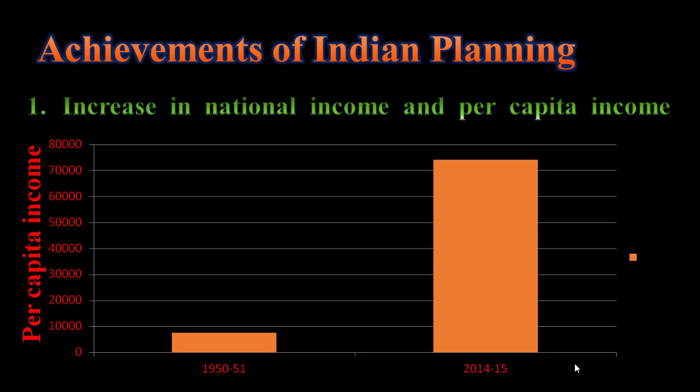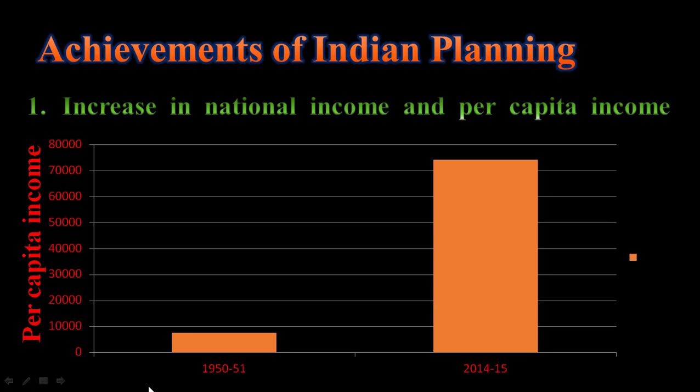The per capita income was 7,513 at constant prices in 1950. Here you can see that in 1950-51 the per capita income was 7,513.